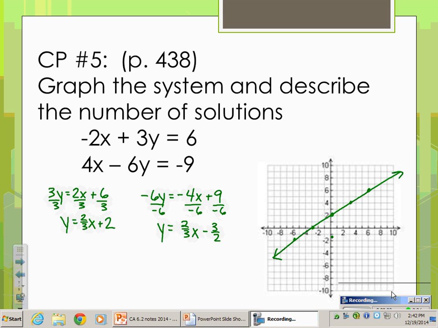And I once again have an up 2, right 3 slope. So when the slopes are the same, I end up with these parallel lines. So for this system, there aren't any solutions.